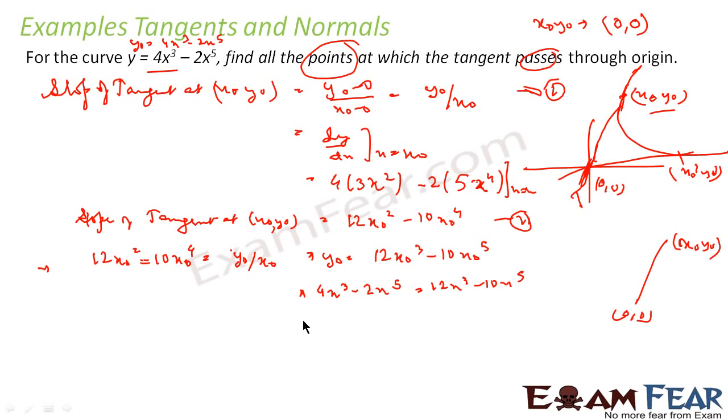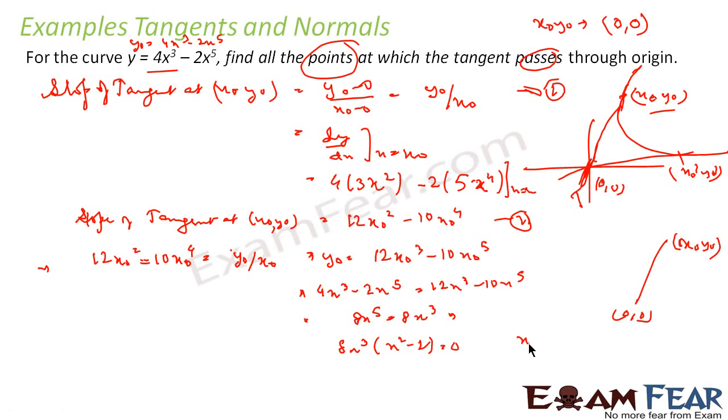So if you solve this, x cube part you take this side and x5 you take this side, this becomes 10 minus 2, 8x to the power 5 is equal to 12 minus 4, 8x to the power 3. 8 cancel. If you see, this is nothing but 8x cube into x square minus 1 is equal to 0.